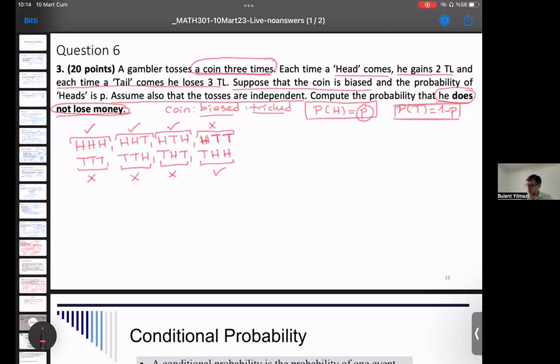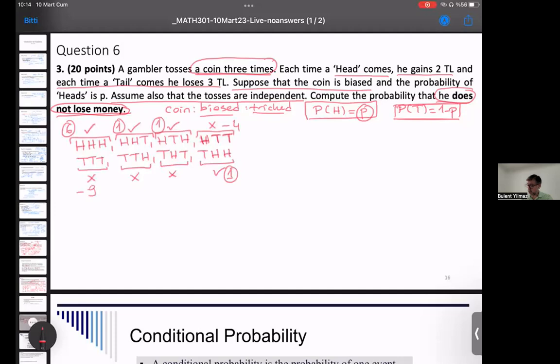Okay, here he will gain 6 TL. Here he will gain 4 minus 3, 1 TL. He will gain again 1 TL here. Okay, these are the gainings. He will lose here. He will lose 9 TL.